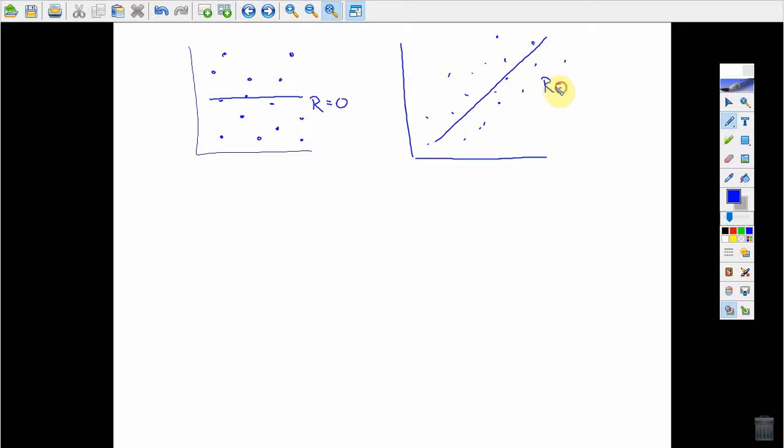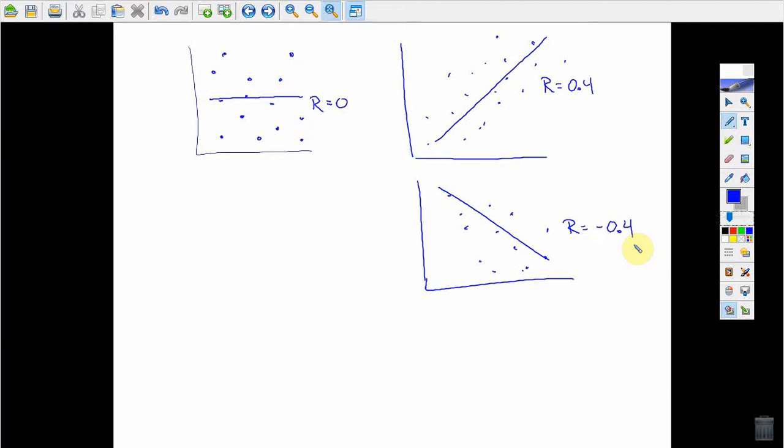We're going to call it positive 0.4. Now, if I had that same sort of data going in the other direction, still pretty spread out, but generally moving down, we're going to look at a correlation coefficient of, say, negative 0.4.